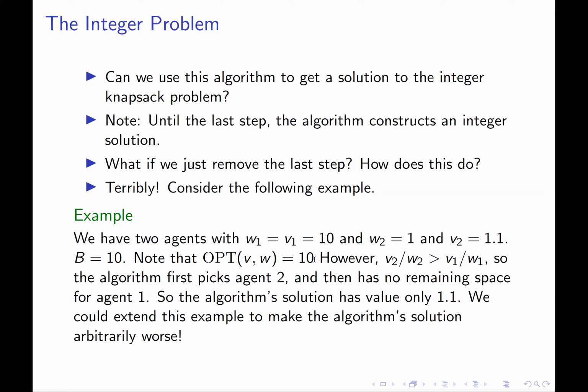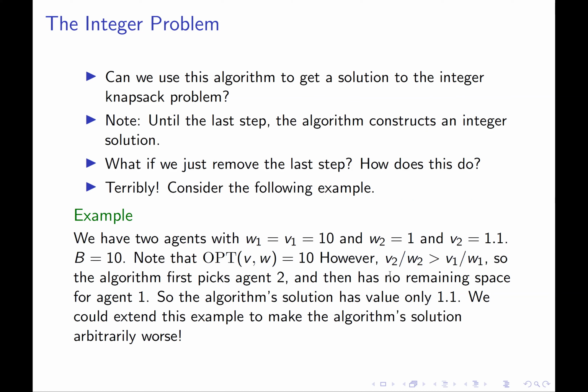But if we consider running the fractional knapsack algorithm and then just forget about the guy who receives a fractional allocation, we will receive a terrible solution, right? Because this value 1.1 guy actually has slightly higher value density than this value 10 guy. V2 over W2, right? 1.1 over 1 is strictly larger than 1.